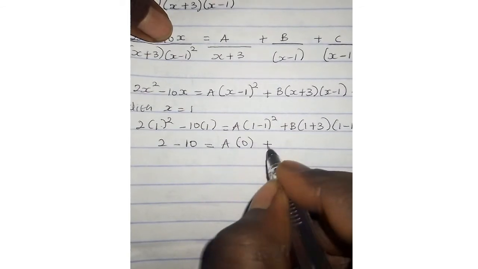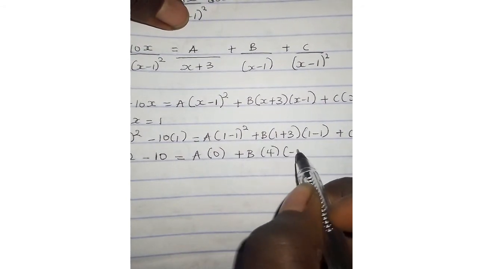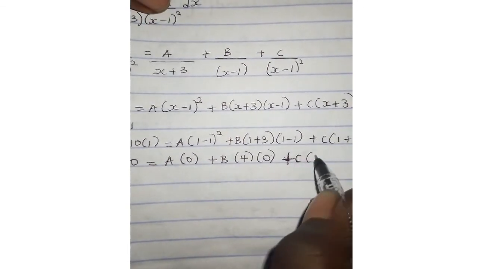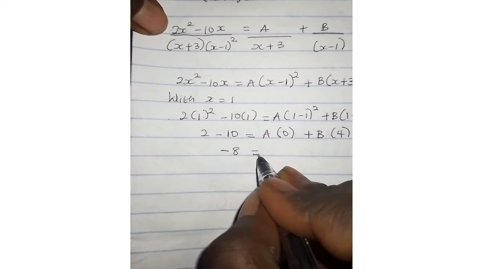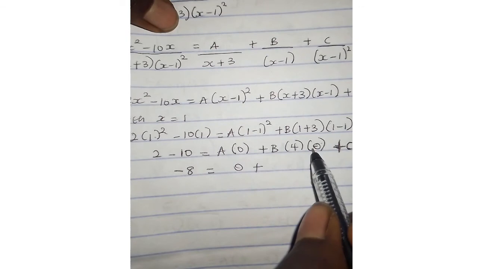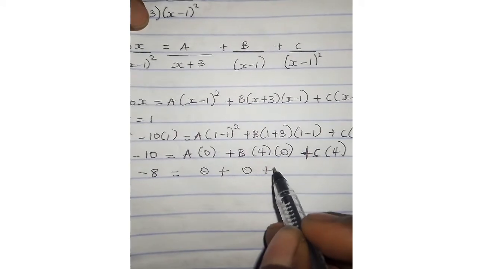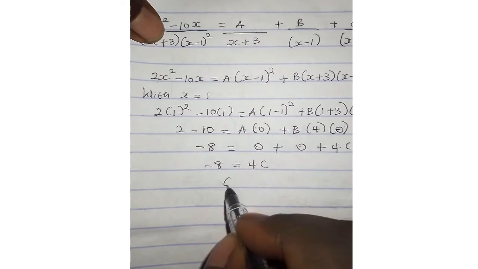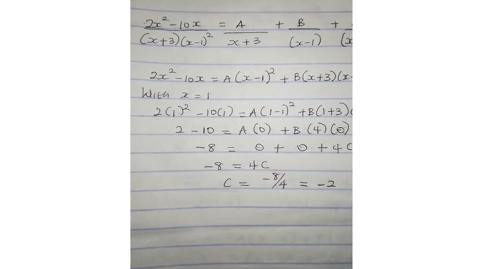So plus b, 1 plus 3 is 4, 1 minus 1 is 0, plus c, 1 plus 3 is 4. So we're going to have 2 minus 10 is minus 8 equals a multiply 0 is 0, plus 4 times 0 is 0, 0 multiply b is 0, plus c multiply 4 is 4c. So therefore we're going to have minus 8 is equal to 4c. So therefore c is equal to minus 8 over 4, which is going to give us negative 2. So we solve for c.